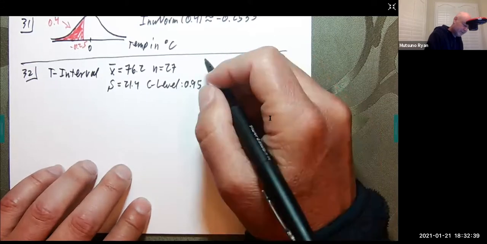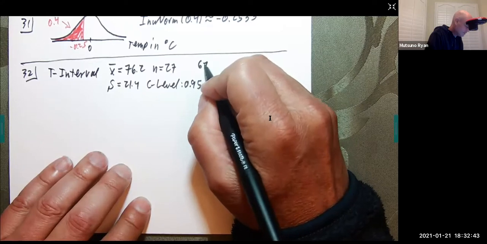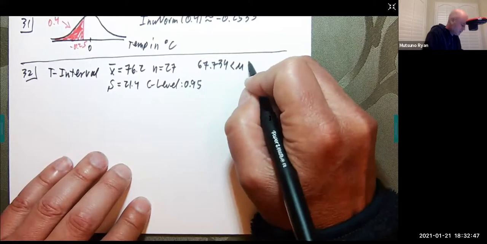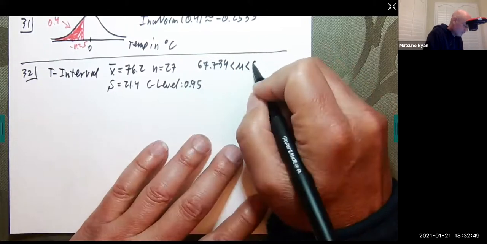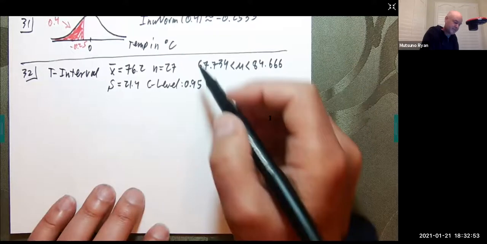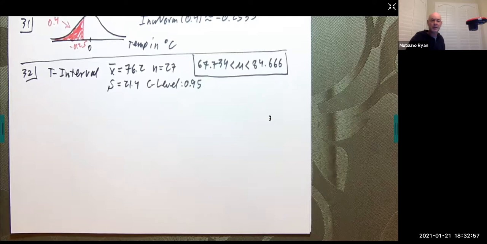And we got the confidence interval is 67.734 and 84.666. So there is my confidence interval. Almost there, only a couple more to go.